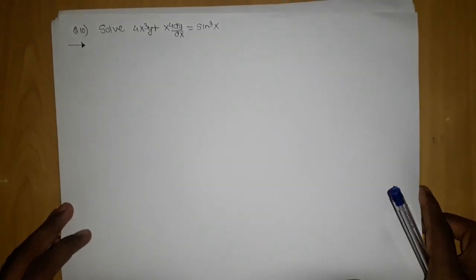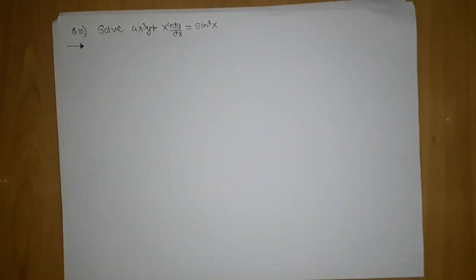So this is our next question, which says: solve 4x cube y plus x raised to 4 into dy by dx equals sin cube x. Now the first job is to try to make the coefficient of dy by dx or dx by dy as 1.